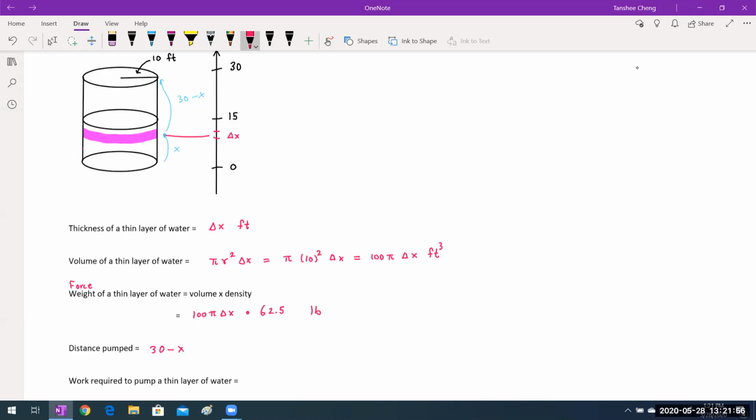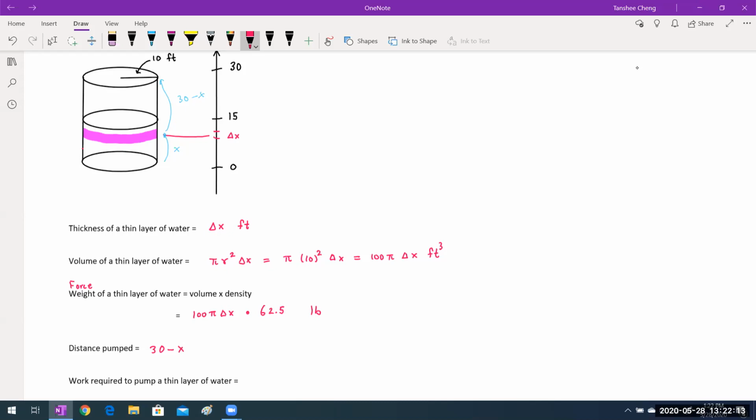Now I have the force and I have the distance formula. So the work required to pump out a thin layer of water, and that thin layer can be anywhere, is going to be multiplying these two together.